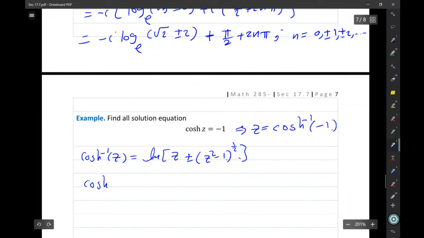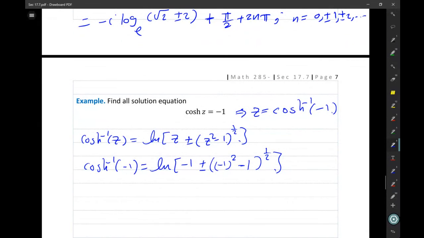So cosh inverse of minus 1 is equal to ln of minus 1 minus a plus minus 1 squared minus 1 to the power half. Minus 1 squared is equal to 1, minus 1 is 0, square root of 0 is 0.